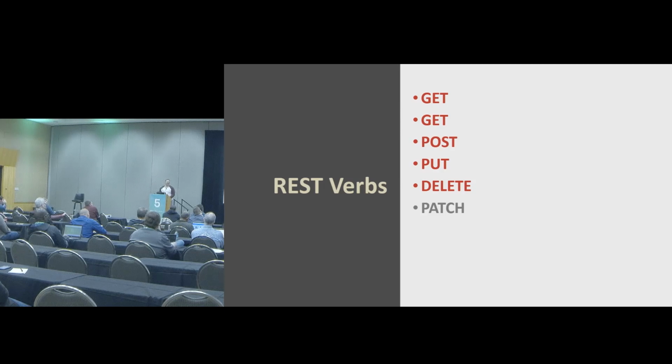Patch is probably not that often used, and it was added later to the REST documentation. But patch is like put, except it gives you the ability to send just a portion of the resource and specify what you want to update. Delete, of course, allows us to delete a resource, and then we have some other options, like options, that allows us to query an endpoint and ask what methods are available.